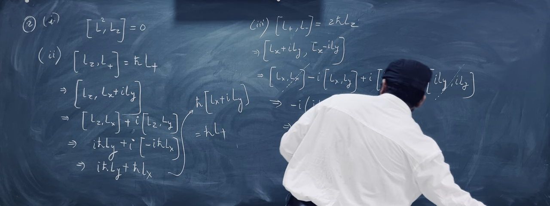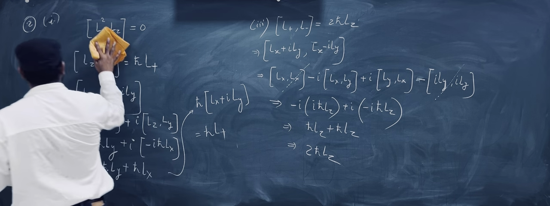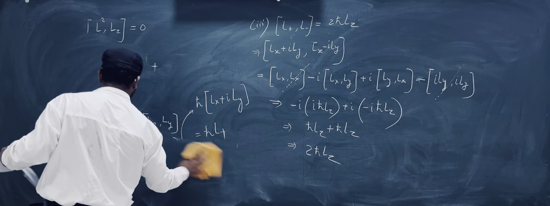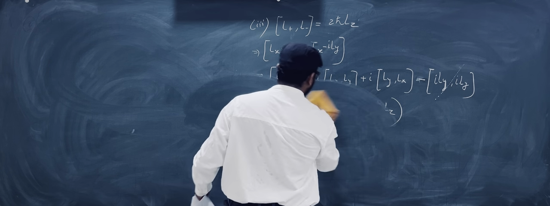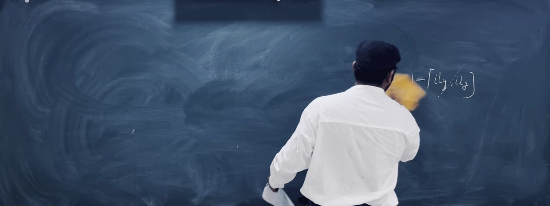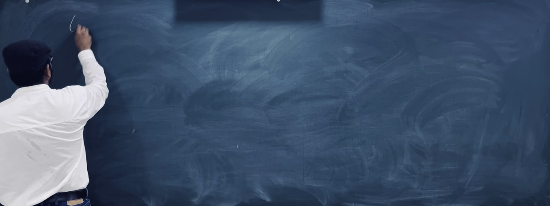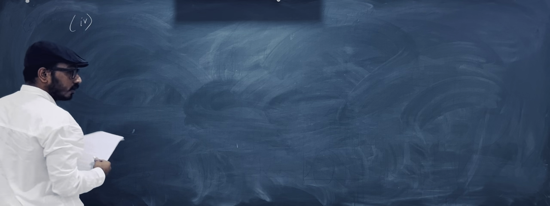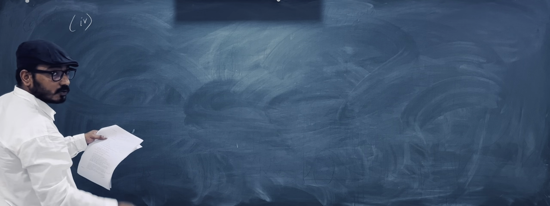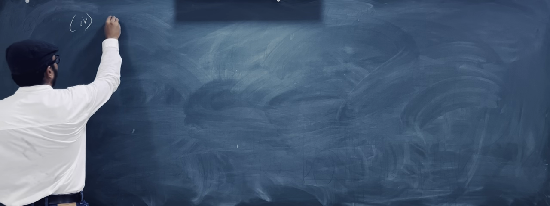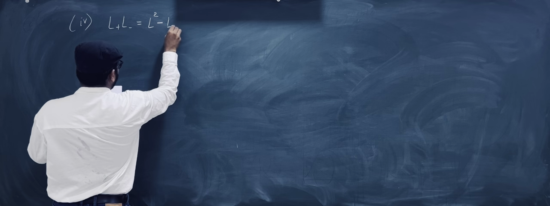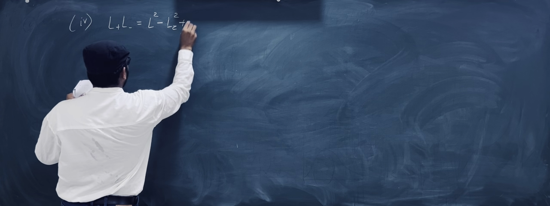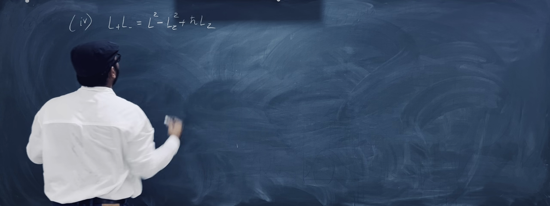Now the next one is the fourth one. Actually it was misprinted in the paper, so somebody who had solved it would know that this was actually for L plus L minus is L square minus Lz square plus h cross Lz.